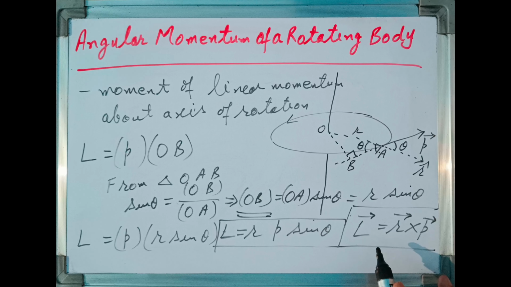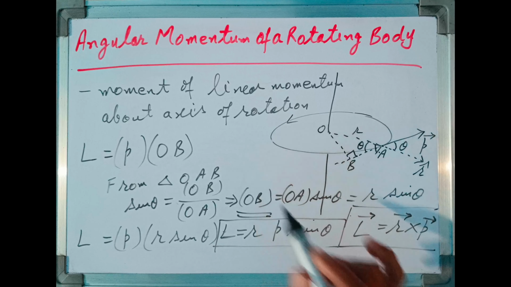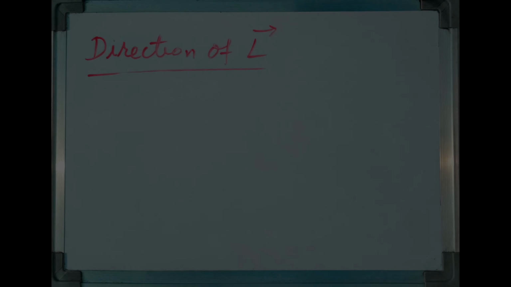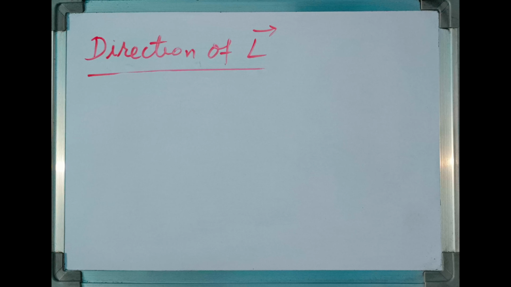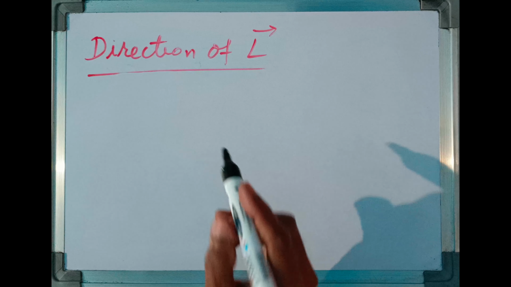So this gives us another definition of angular momentum. Angular momentum is nothing but the cross product of radius vector and linear momentum vector of the body moving in a circular path. Now the next point is, what is the direction of angular momentum?